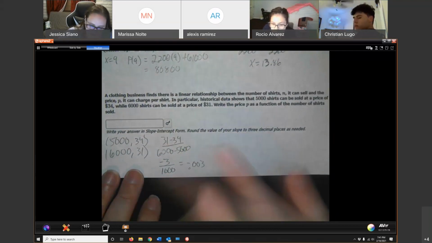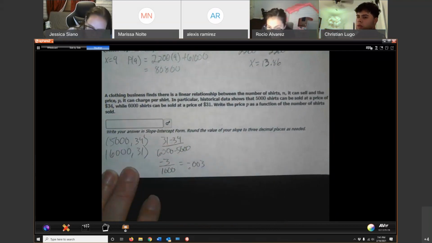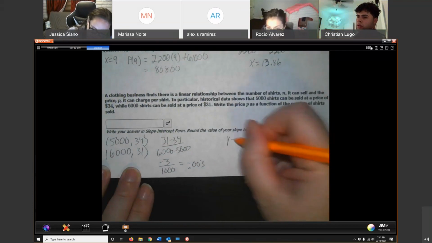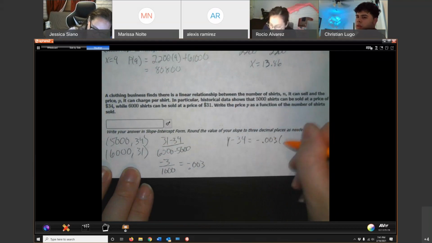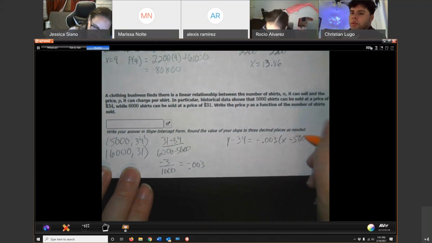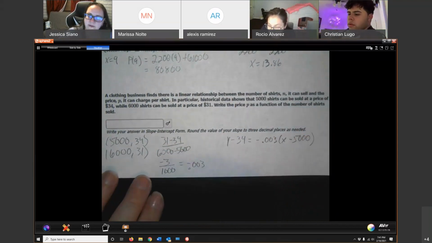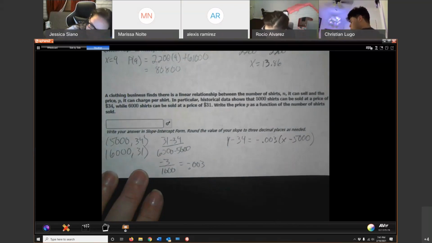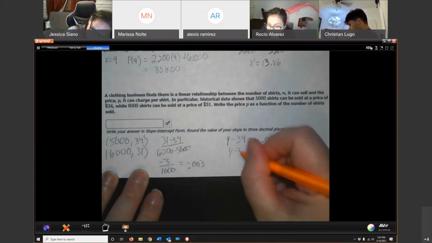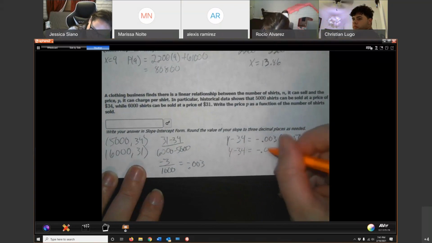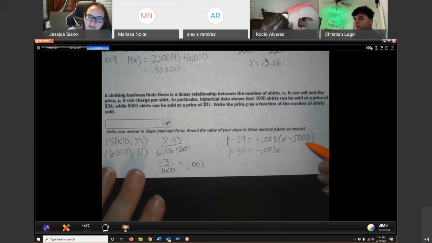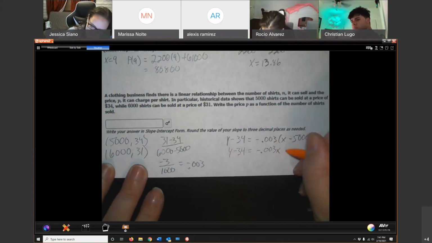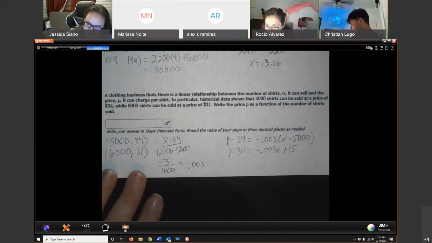And then I take the slope at a point and I plug it into point slope just like I did before. So y minus 34 equals -0.003 times (x minus 5,000). And so again, just like before, I'm going to distribute. So -0.003x. -0.003 times -5,000 is going to be a positive 15.